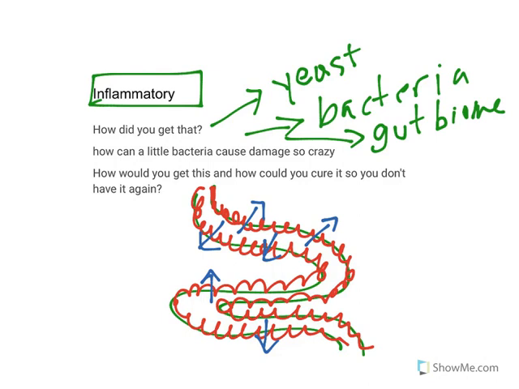And so how would you get this, and how could you cure it so you don't have it again? Well, if you feel like your belly gets real taut, and you're like, oh, I had white bread, maybe focus on your diet and what your diet is doing, because that can cause an inflammatory problem. And then stuff's not moving very well, and so then you can get an infection after that.